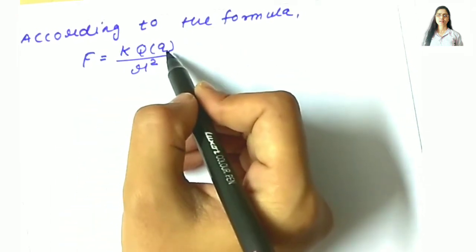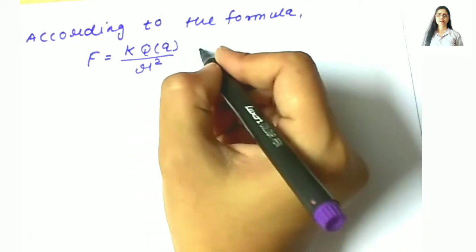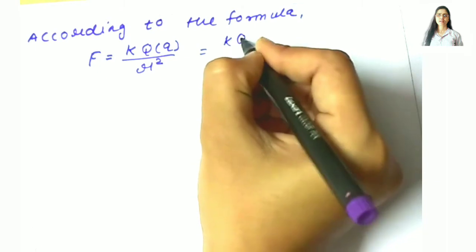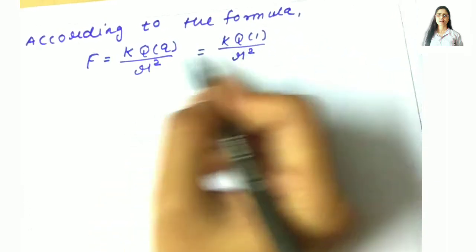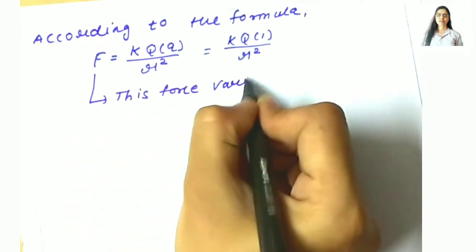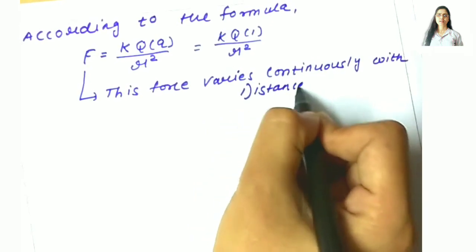Now q equals to unit positive charge, and therefore q equals to plus 1 coulomb. So put q equals to 1, that is equal to KQ into 1 upon R square. Here this force varies continuously with distance.